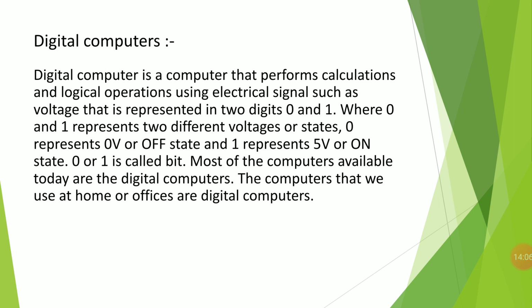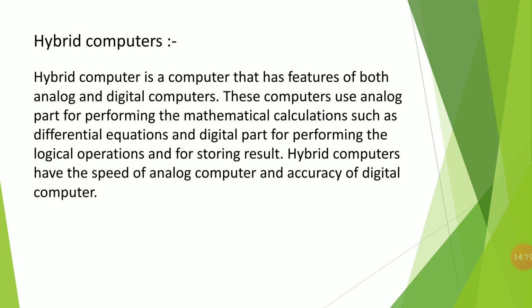Digital computers are further classified in 2 categories. First one is specific purpose computers, second one is general purpose computers. Next type is hybrid computers. A hybrid computer is a perfect combination of analog and digital computer.